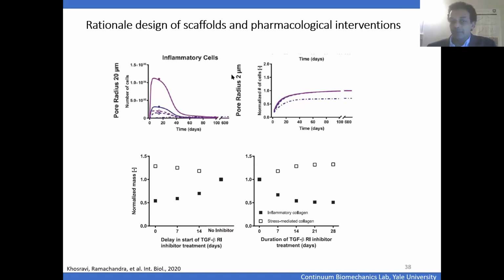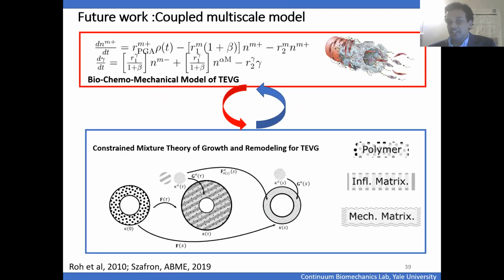Of course, these are all parametric studies, but the plan right now is to couple it with a multi-scale model at a tissue scale, and then run formal optimization so we can come up with good designs to manufacture and implant, as well as the right pharmacotherapy for optimal long-term outcomes.